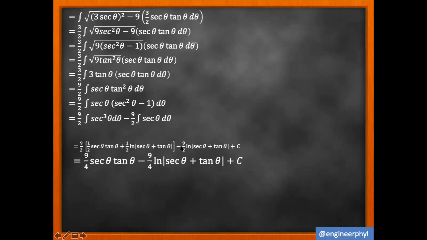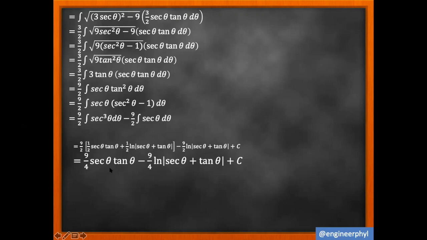Then you subtract 9 halves ln of secant theta plus tangent theta here. So we have minus 9 over 4 ln of secant theta plus tangent theta. Now we have two terms in our answer, excluding the arbitrary constant here.